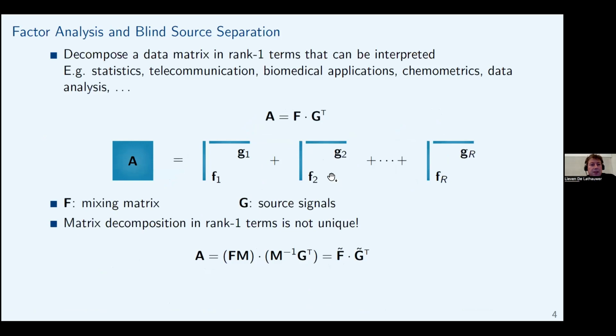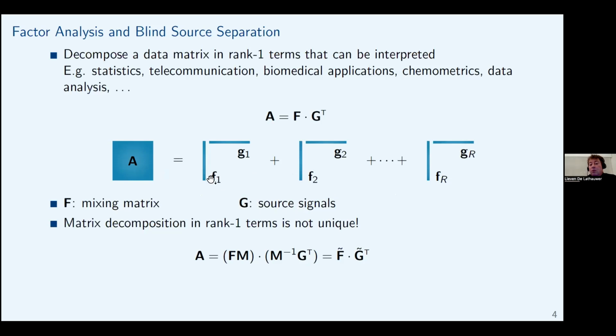So, okay, this is the matrix situation, the typical situation when you try to find factors and underlying variables in a data matrix. You look for rank 1 terms, and the problem is that at the matrix level, a decomposition in rank 1 terms is not unique.